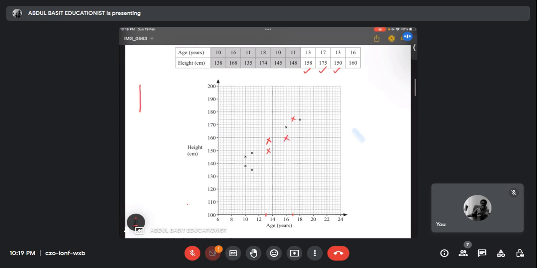Look at everybody, if your data is flowing like that, it's a positive correlation.